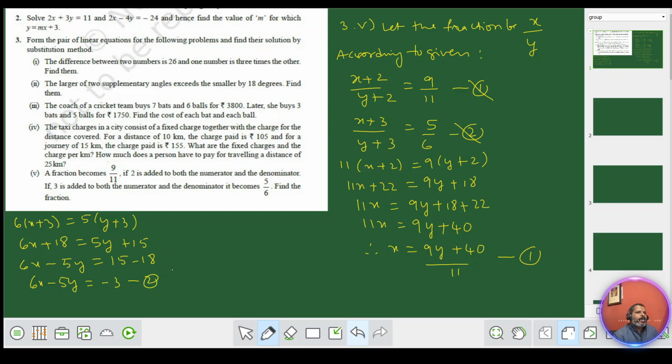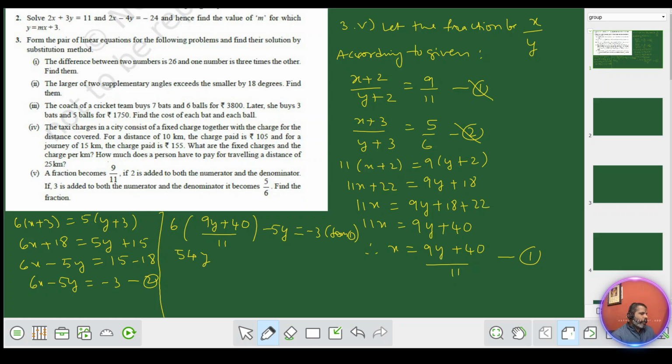This is 2. Now we substitute x value in the 2. What do we get? See, 6 of x means 6 of (9y plus 40) by 11 minus 5y equal to minus 3. We write from 1. So 6 into 9y, 6 9s are 54y.